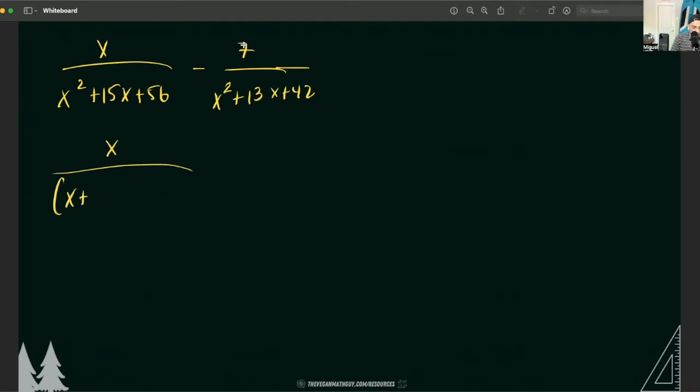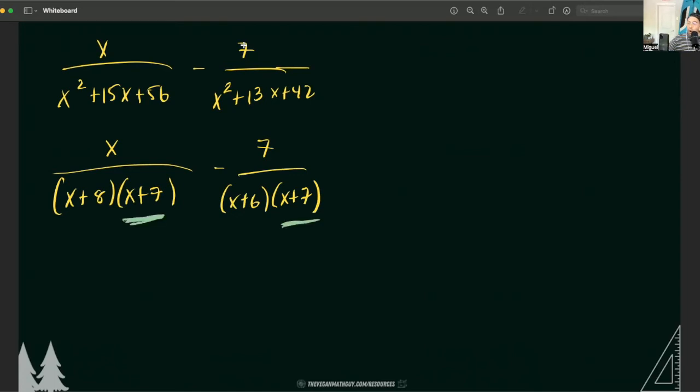It looks like it can be x plus 8 times x plus 7, minus 7 over x plus 6 times x plus 7. This is exactly what we want, because you'll notice that both denominators already have an x plus 7, so I don't need to introduce that anymore.